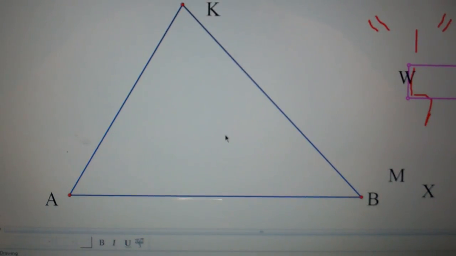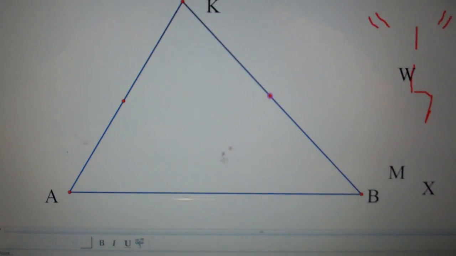If I were to draw a perpendicular bisector of the triangle, I would first start by finding the midpoint of each segment. So here is a midpoint, here is a midpoint, and here is a midpoint. We indicate that those are midpoints by creating dash marks to indicate that the two segments are congruent.